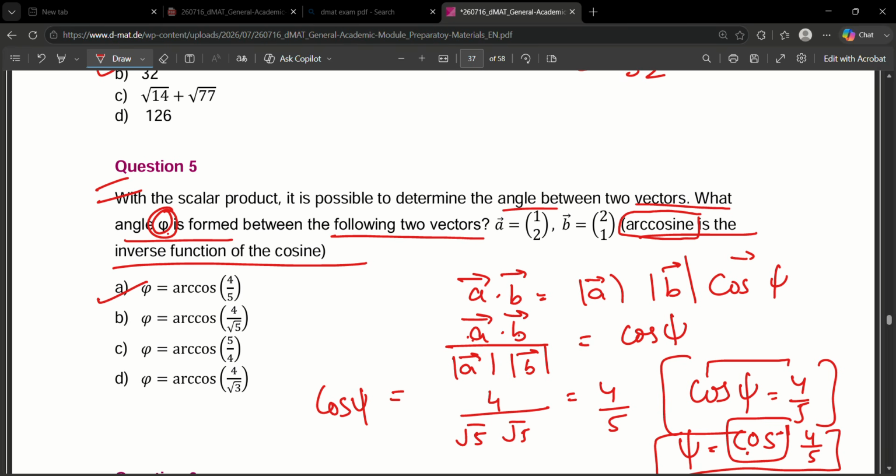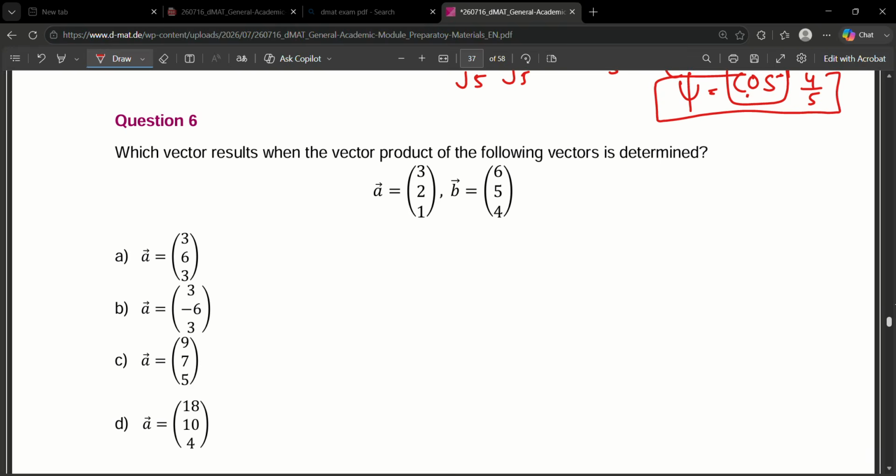Now move to the next question. Question number 6 here. Which vector results when the vector product of the following vectors is determined? They have already given you the table. And you have to find the vector product, the cross product. I have already given you the idea of what you have to do.